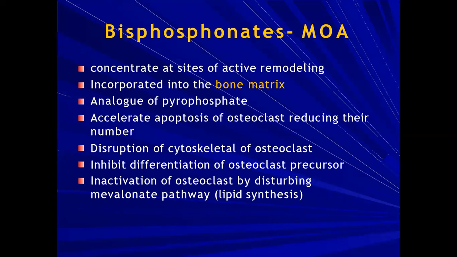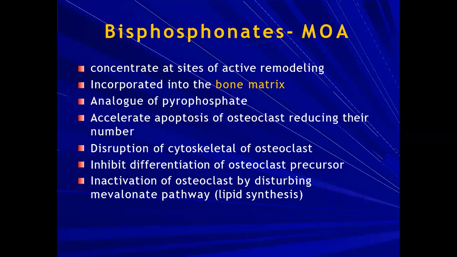The mode of action of bisphosphonate in the body is concentration at sites of active remodeling of the bones. So at the point where there is a fracture, you will see a lot of these bisphosphonates there, because remodeling is taking place. That is where they are, or where there is growth of the bones, incorporated into the bone matrix, analogs of pyrophosphates.